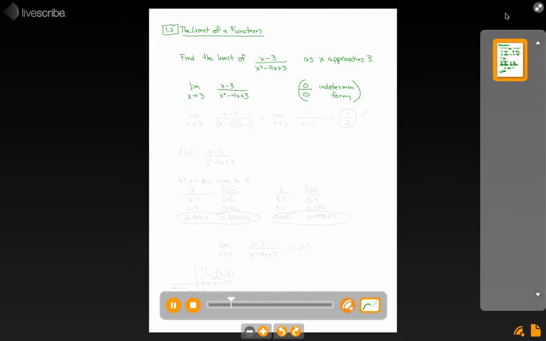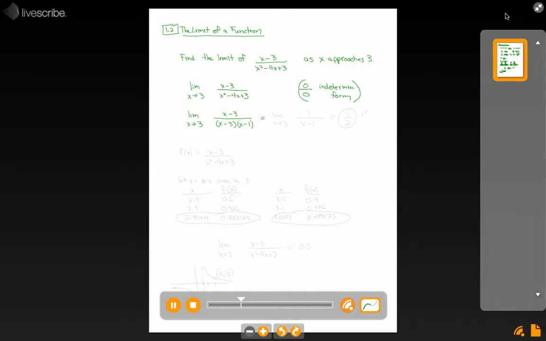But basically, if we run into 0 over 0, we're going to have to do something to change what this limit looks like. Now in this case, the steps are relatively straightforward in that we're just going to factor everything that we can. The numerator is already as simple as it can get, but the denominator can be written as x minus 3 times x minus 1. Now, that has two non-permissible values. x can't equal 1, x can't equal 3.